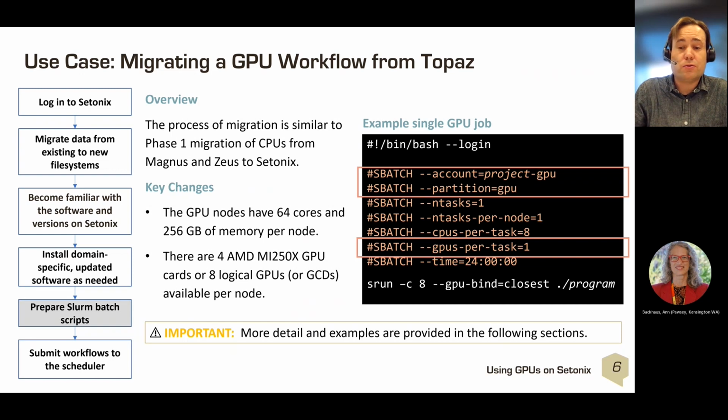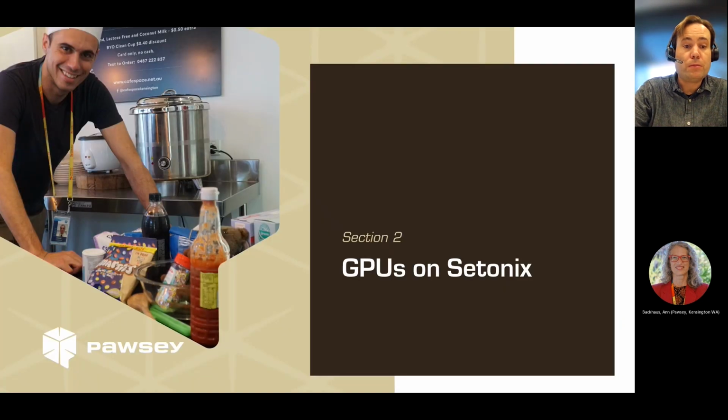Some key changes to your job script will be that the account has a dash GPU attached to it for using the GPU partitions. There are GPU partitions to be specified in your job scripts, and there's also the need to specify how many GPUs per task or per node that you'll be looking at. Again, we'll cover this in more detail shortly.